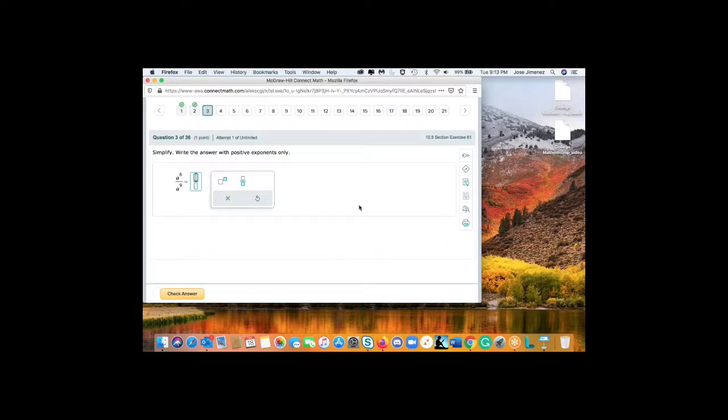Because I have to put 1 on the top, and then on the bottom I put a, and then put the exponent, the 3, which is the difference between 6 and 9. But the big number is on the bottom. I will explain why this is the case.